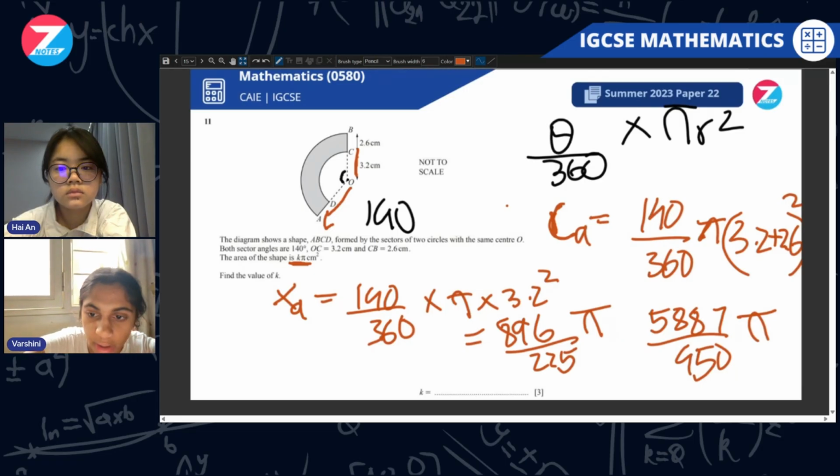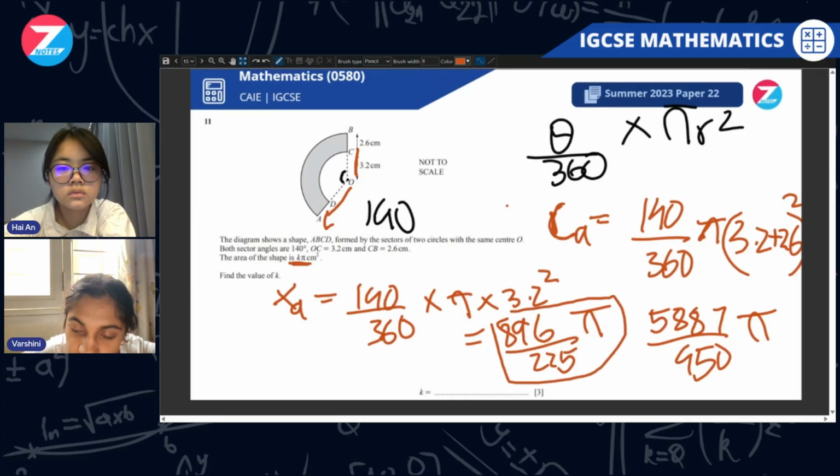Okay, so now we need to subtract. We're going to take 5887 by 540 and subtract from that this number, 896 by 225. And remember that we can leave out pi because they know that the shape is multiplied into pi. So whatever we do, we can leave out pi, because the multiple of pi doesn't need to be included in our answer.